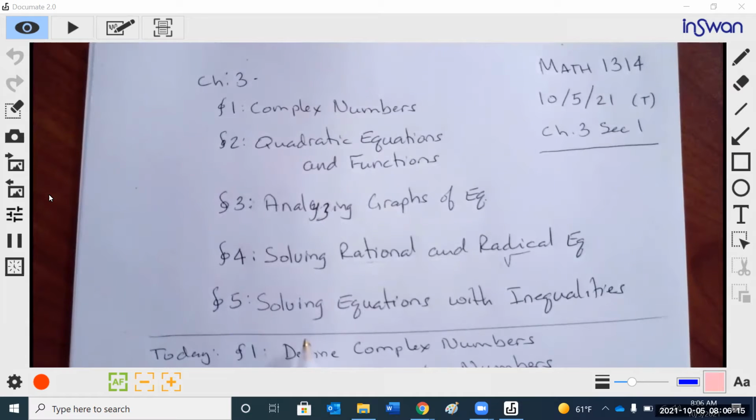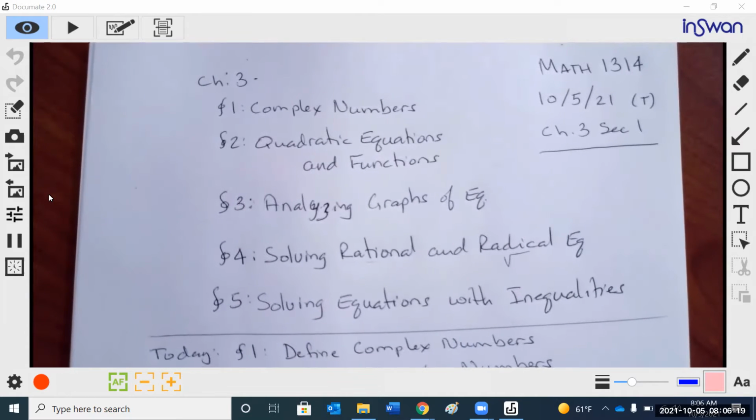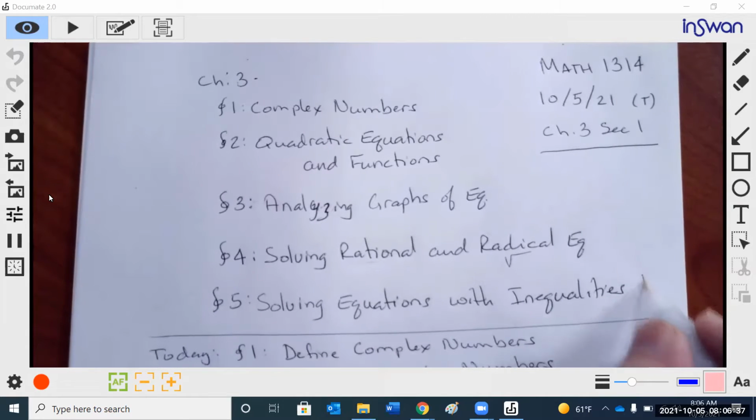And then we end up the chapter looking at solving equations with inequalities. Now, this won't be the same as last time where we just have a line, put a dot or parenthesis or bracket. When we deal with inequalities, so equations, we now have an X and a Y variable, which means we're now going to shade, let's pretend this is our graph.